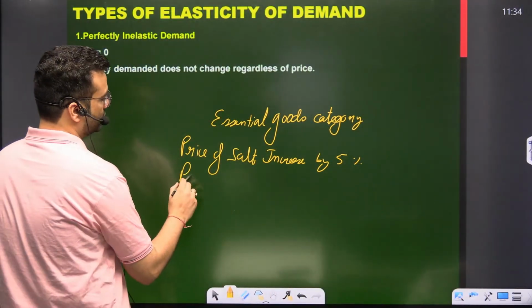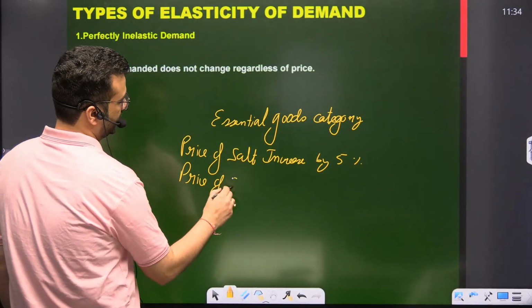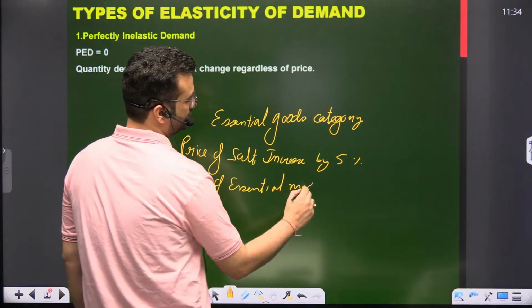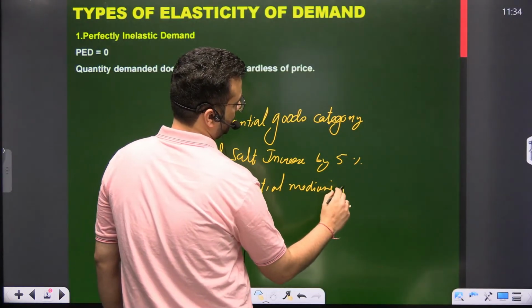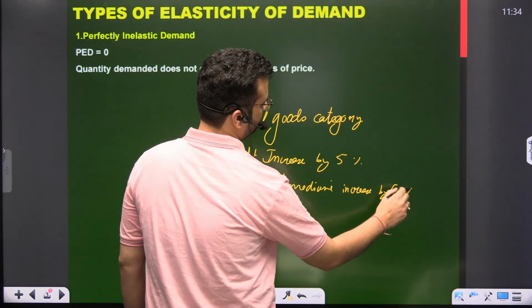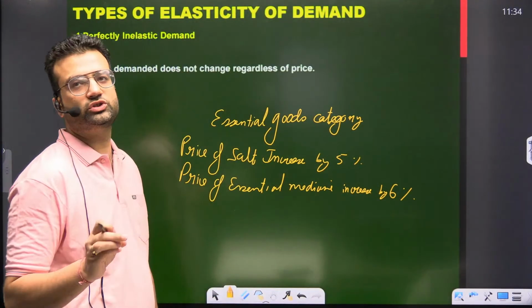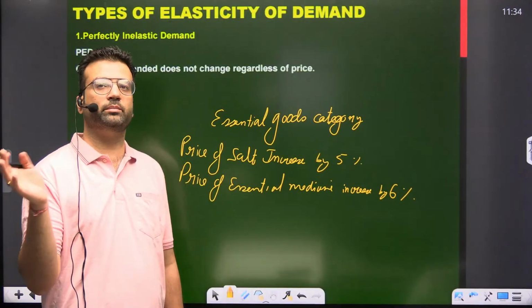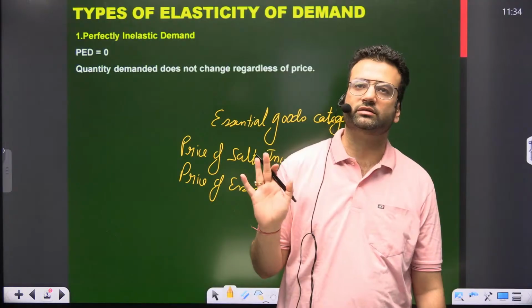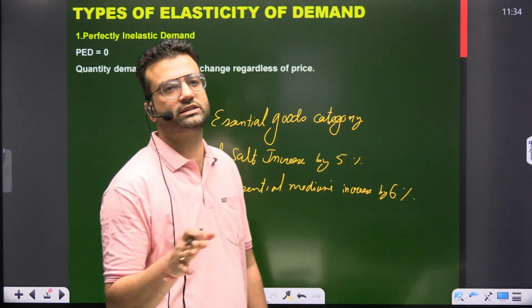If the price of essential medicine increased by 6%, still there is no impact on demand, because people will consume that essential medicine. So this is perfectly inelastic demand.